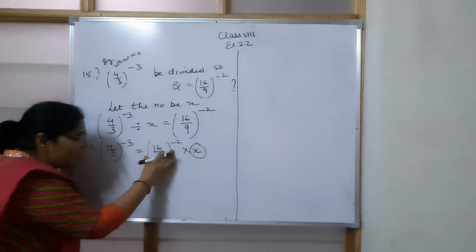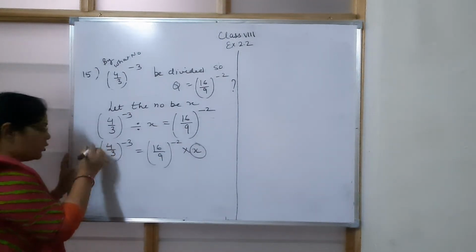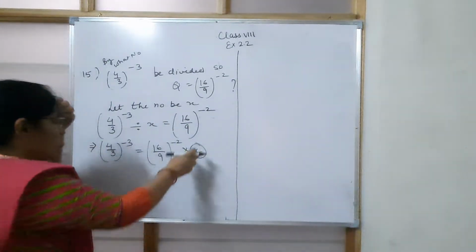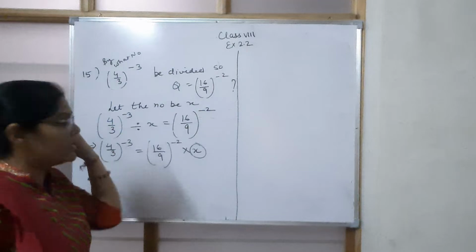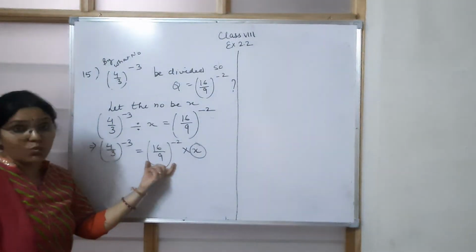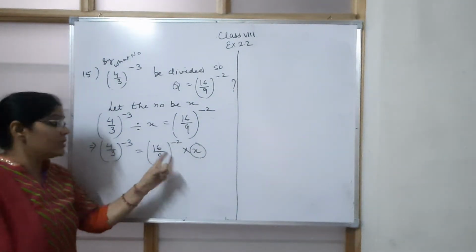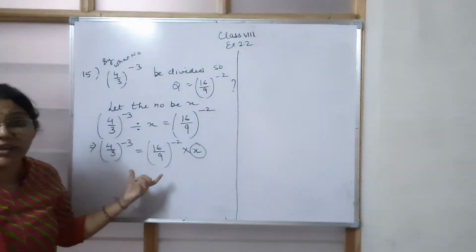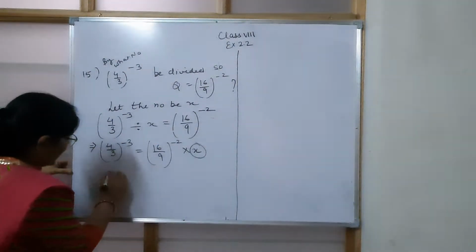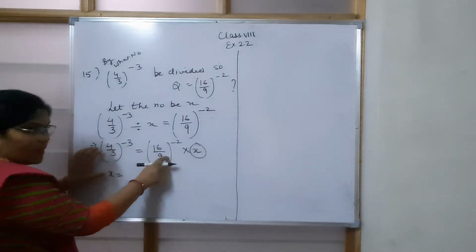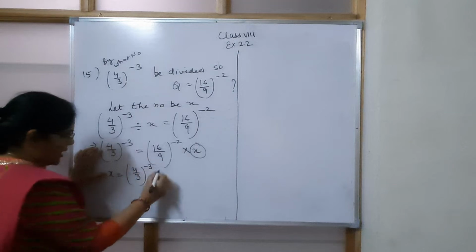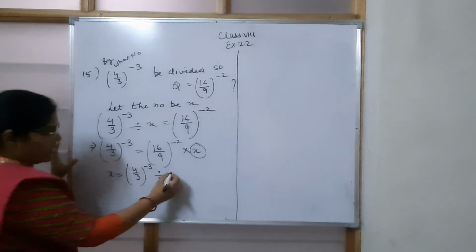This is in multiplication, so when it is shifted to the other side, it will go in division. So x will be equal to what? This will remain here, and this will go in division. So just look here, (4/3)^-3, and this is in multiplication, so it will go in division.